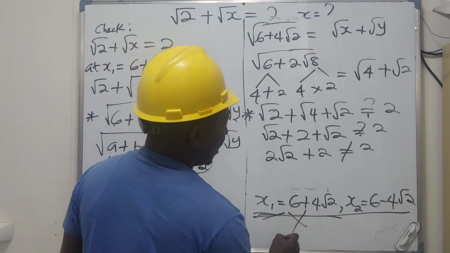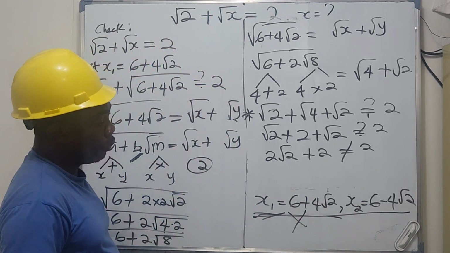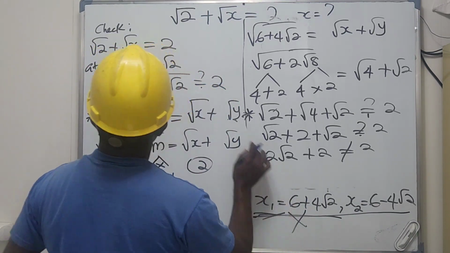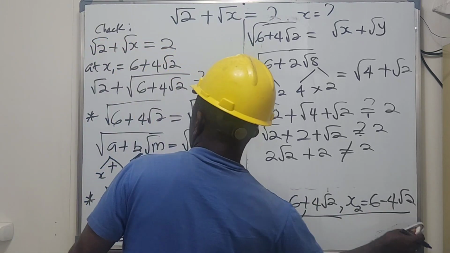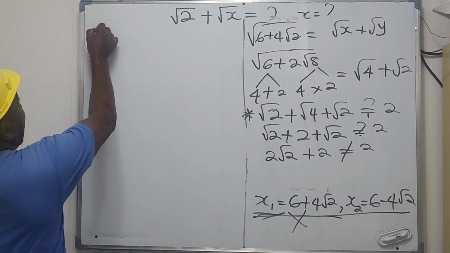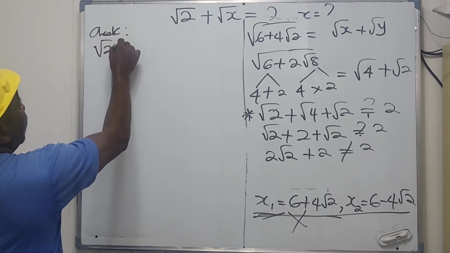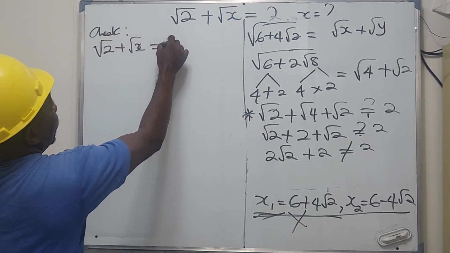So this is rejected. We are now going to look at the second one, which is 6 minus 4 root 2. Let's substitute into this equation. For the second part, as we have checked, we are given root 2 plus root x, which gives us 2.